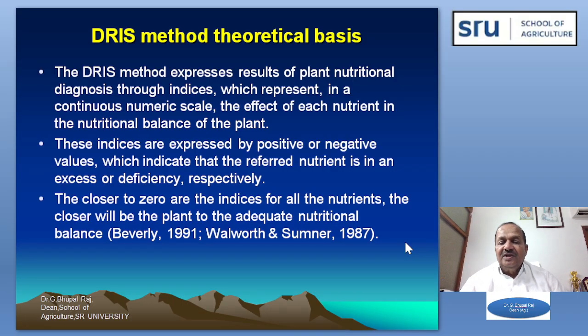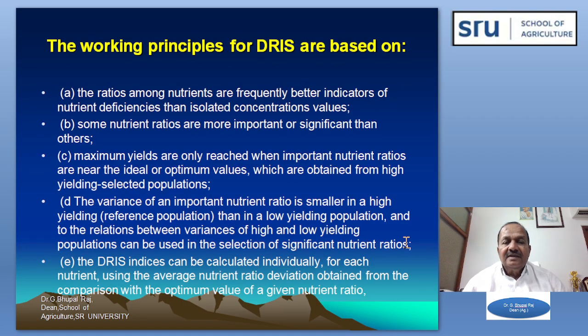The more negative the value, it is deficient. So the positive and negative signs show whether it is a deficiency or excess. The closer to zero the indices for all the nutrients, the closer the plant is to the adequate nutritional balance.